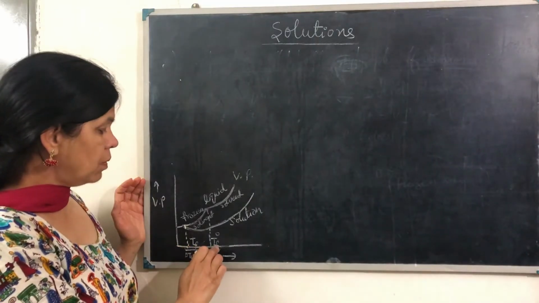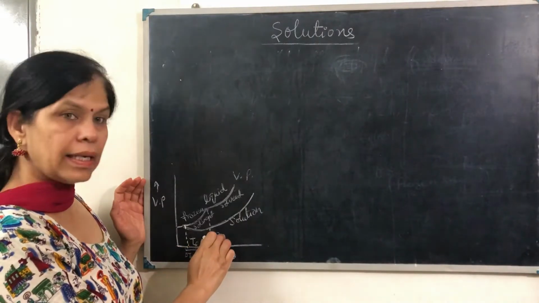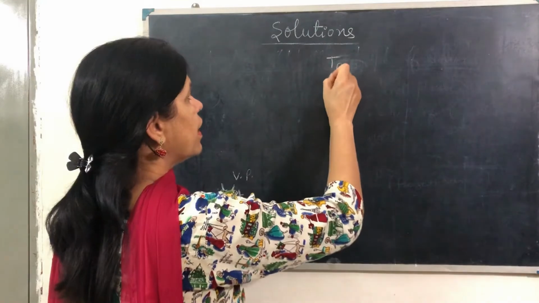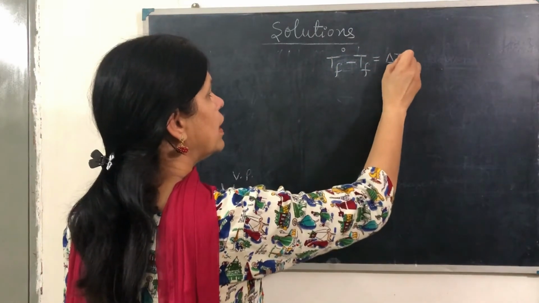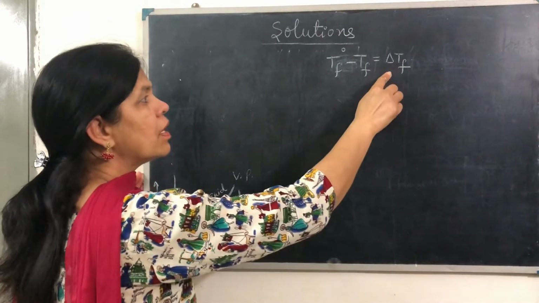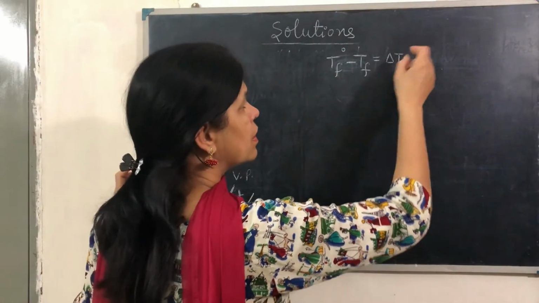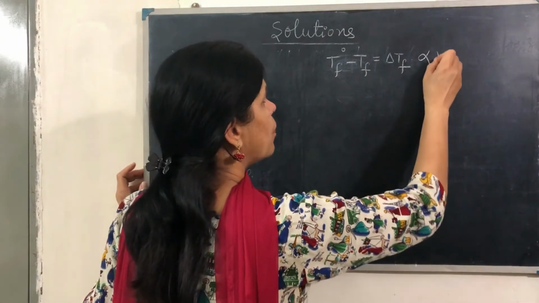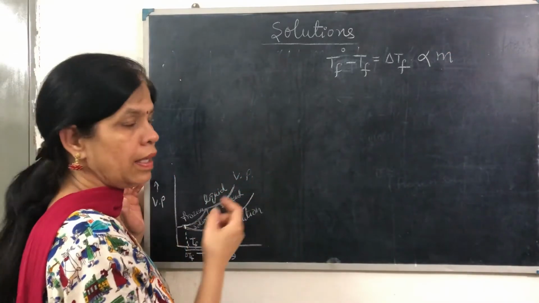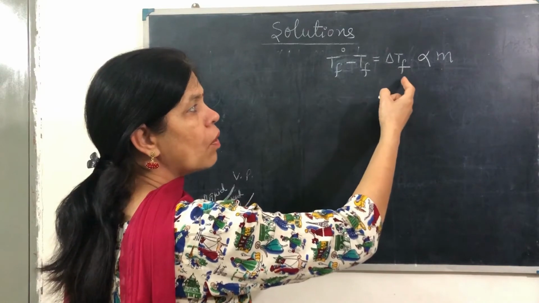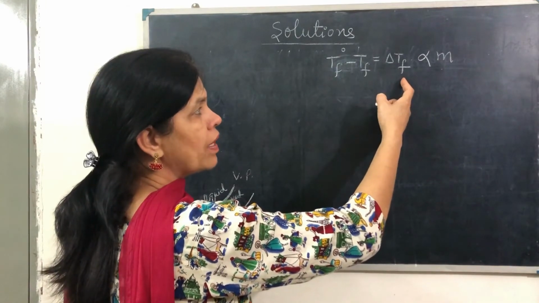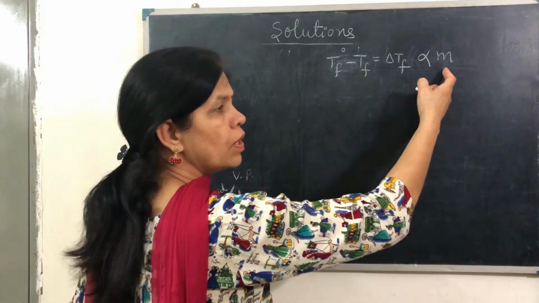Out of the two, Tf naught is greater. So I'll say Tf naught minus Tf, which is equal to delta Tf, which is depression in freezing point, is directly proportional to molality. It is a colligative property. Which is a colligative property? Depression of freezing point of solvent. It is directly proportional to the molality.